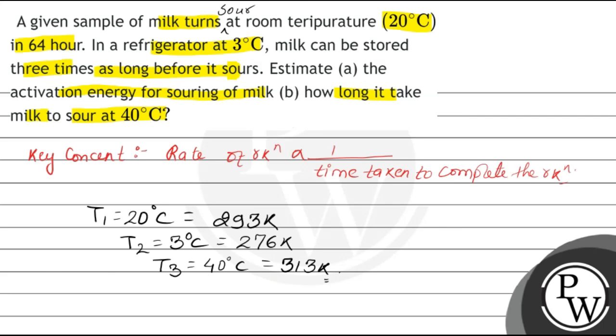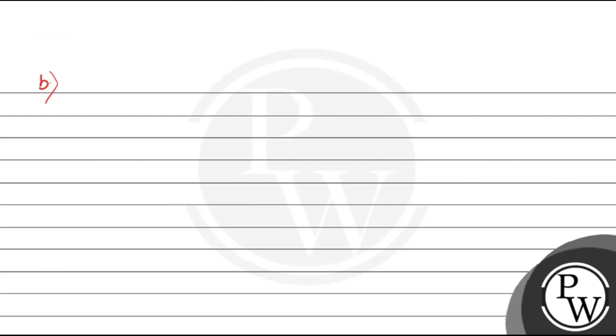In the second part of the question, we have to find the time in which the milk sours at 40 degrees Celsius. As we know that rate of reaction is inversely proportional to time. This means K is inversely proportional to time.